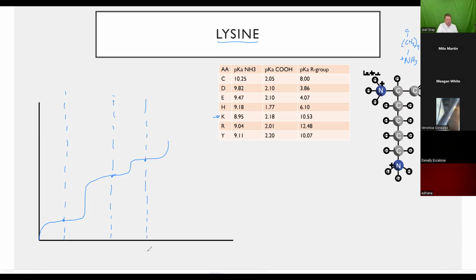And any scaling that's off here, I apologize for that. So I'm going to write A, B, C, D. These are my different variations of my molecule.